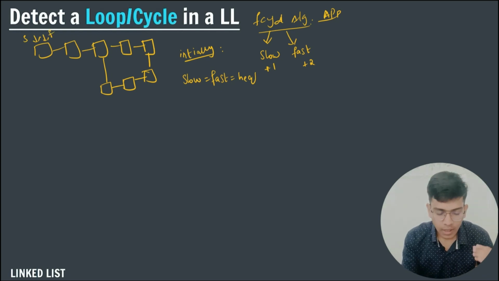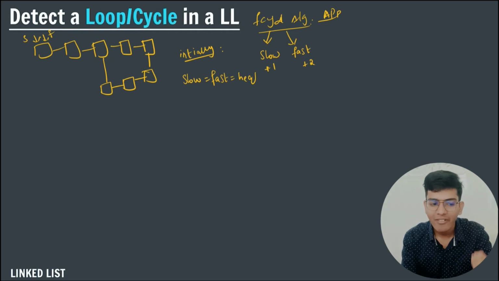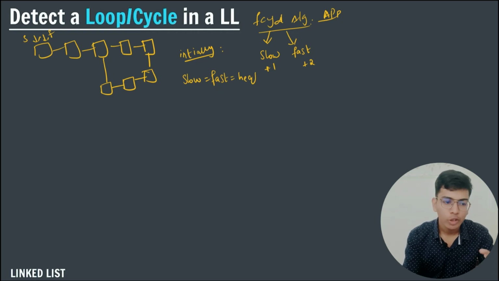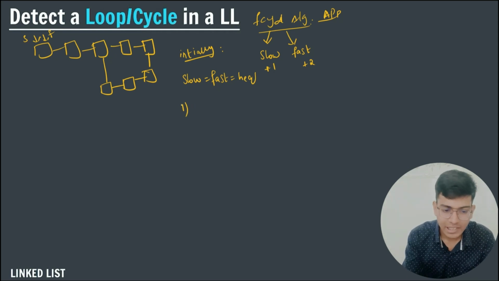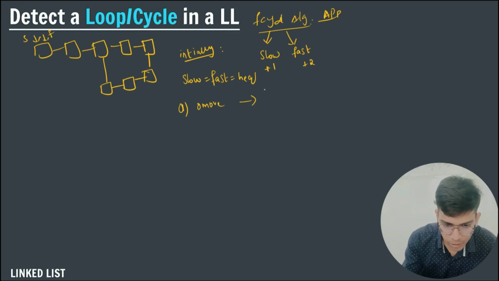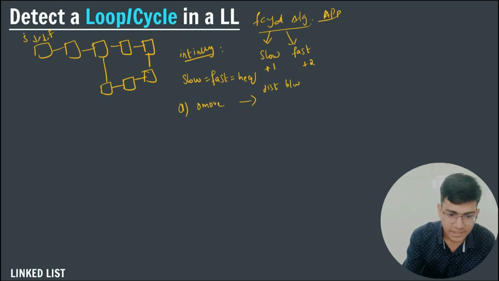After that, I will start moving my fast and slow pointers. Initially, at the zeroth move, what is the distance between fast and slow? It is 0.